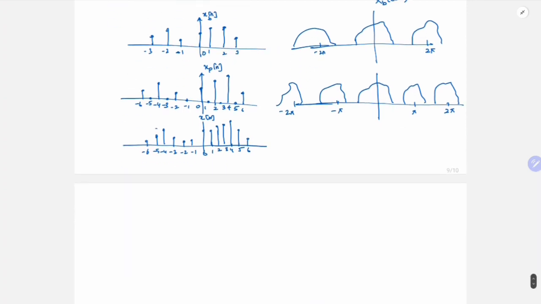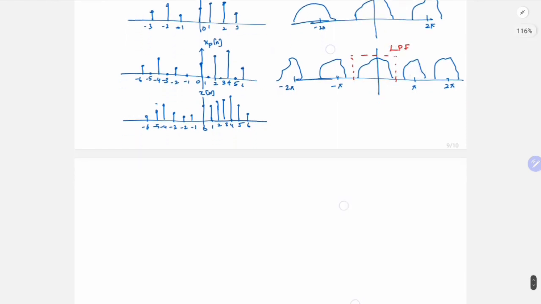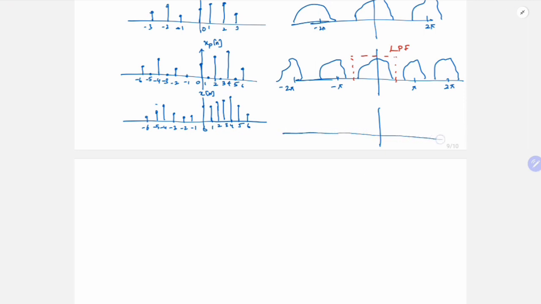So then I take a low pass filter. So then what will I get? I'll get only this. Again, this low pass filter is repeated over the 2 pi interval. So I'll get only this thing.